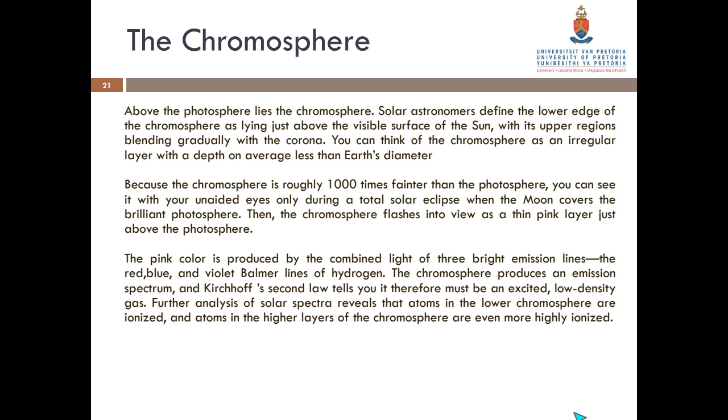The pink color is produced by the combined light of three bright emission lines, the red, blue, and violet Balmer lines of hydrogen. The chromosphere produces an emission spectrum, and Kirchhoff's second law tells you it therefore must be an excited, low-density gas. Further analysis of solar spectra reveals that atoms in the lower chromosphere are ionized, and atoms in the higher layers of the chromosphere are even more highly ionized.